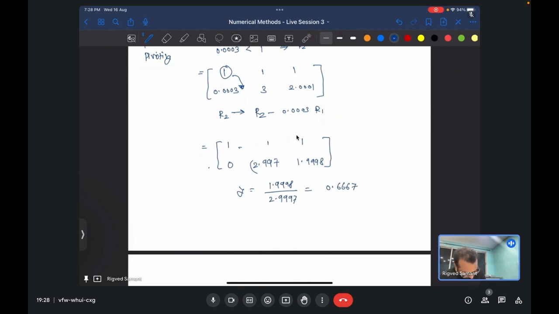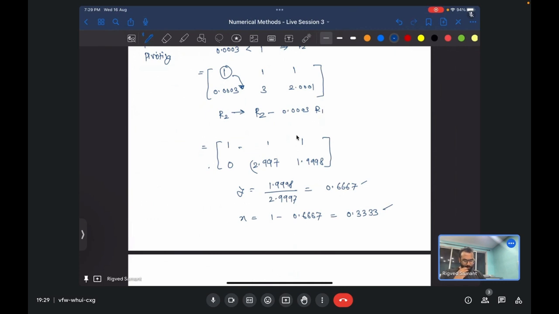And the first row would give you x is equal to 1 minus 0.6667, that is 0.3333. Okay, so we got the x and y values.